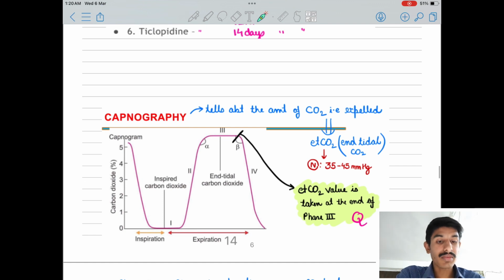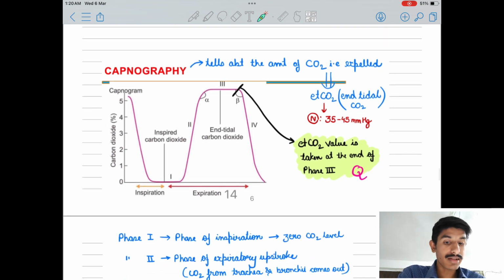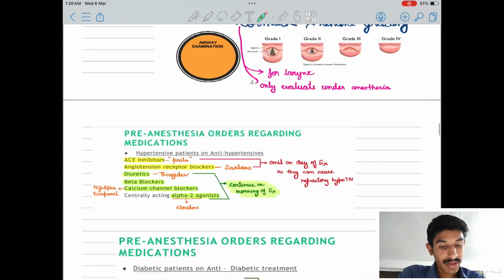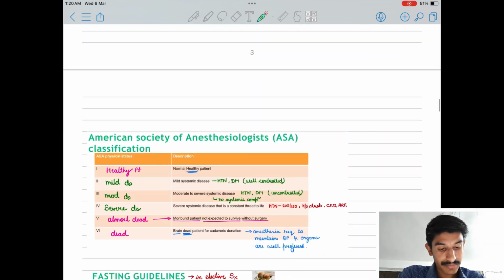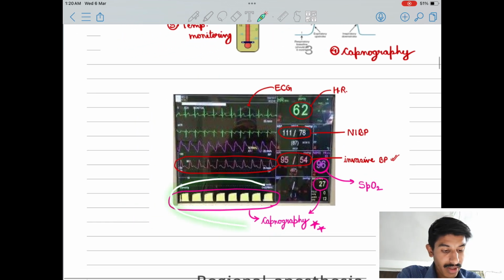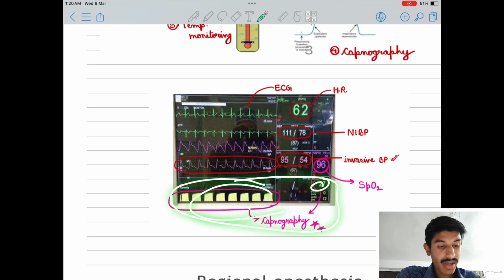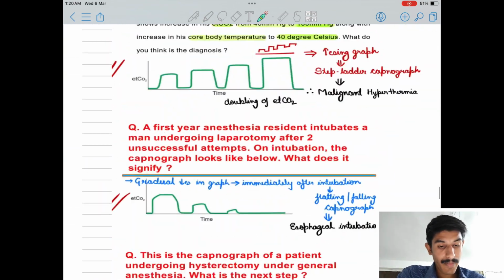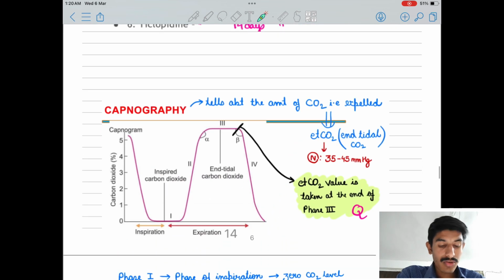This you must remember. Now the important part, which is the capnogram. As I told you earlier about the capnograph, as you can see here in the machine, this is what we are going to study now. So let's start with the capnograph.